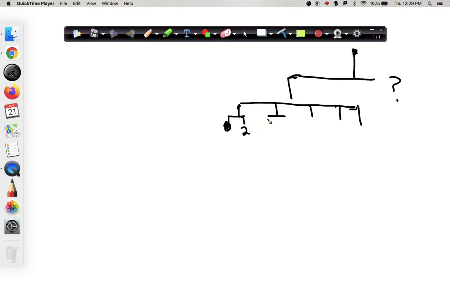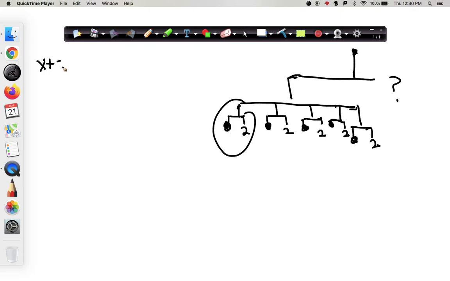And so we have all these pairs of x and 2, and x and 2, and another x, and another 2, and another x, and another 2. So this is like a set. So we could write x plus 2 plus x plus 2 plus x plus 2.